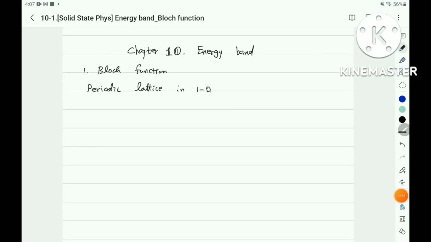Then if the periodicity of the potential is A, the potential is V(R plus A).